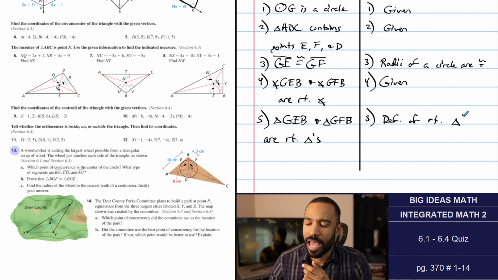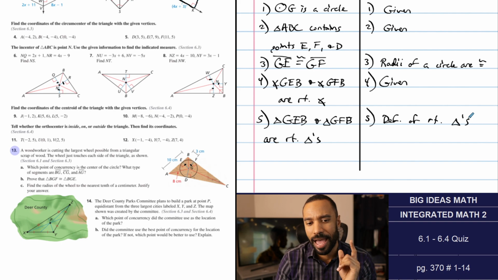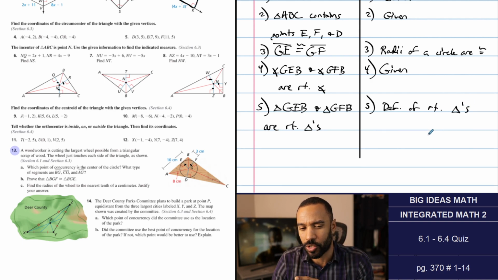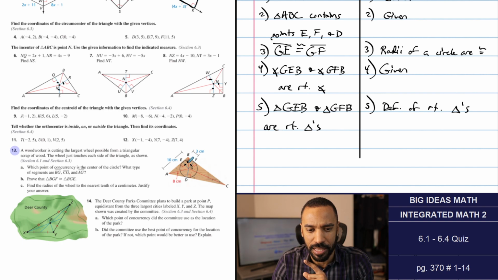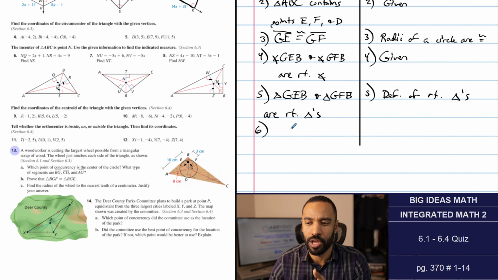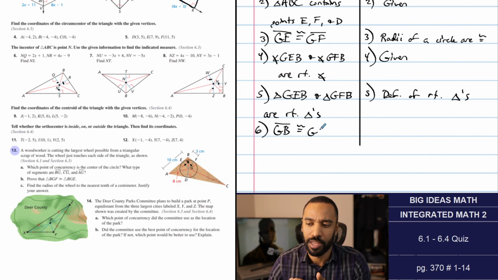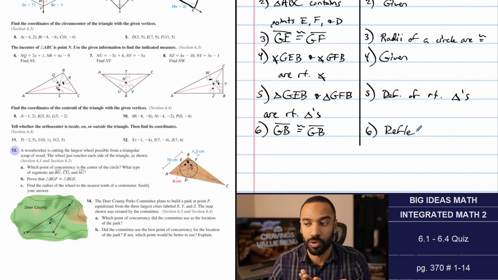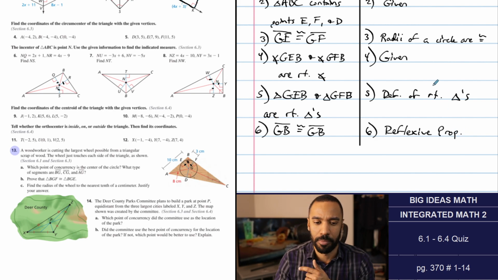All right, now I have right triangles. I have two sets of legs in the right triangles congruent. I'm going to get the hypotenuse is congruent, which is that segment GB that's shared on both triangles. It's congruent to itself. Why would we say that, or how can we say a segment is congruent to itself? By the reflexive property of congruence. Shared side in both triangles.